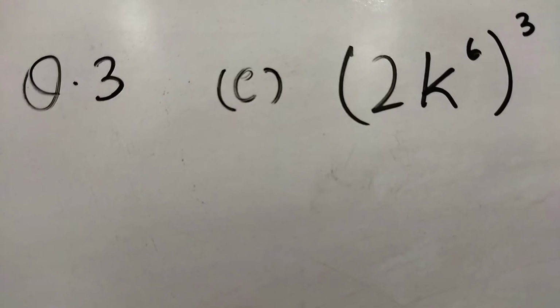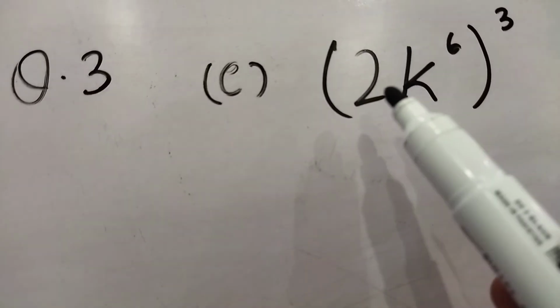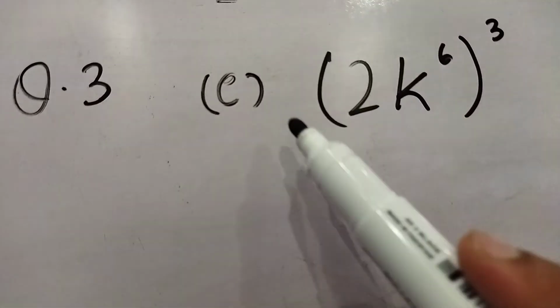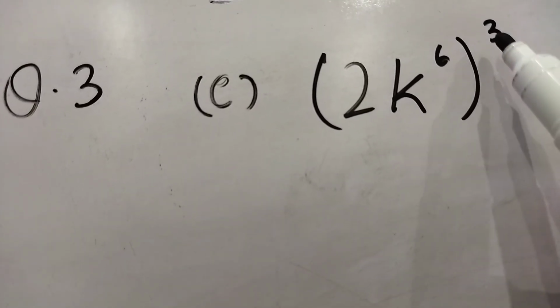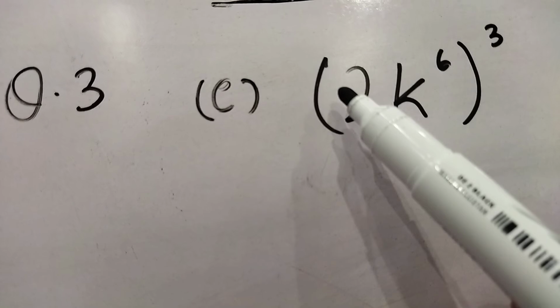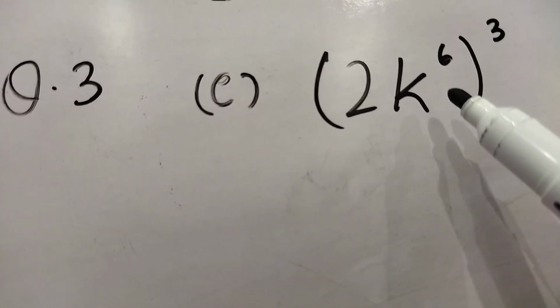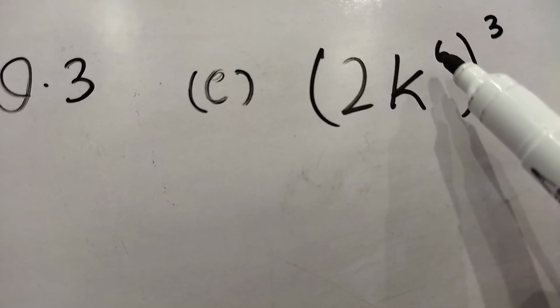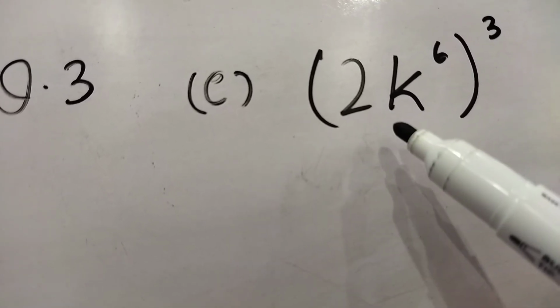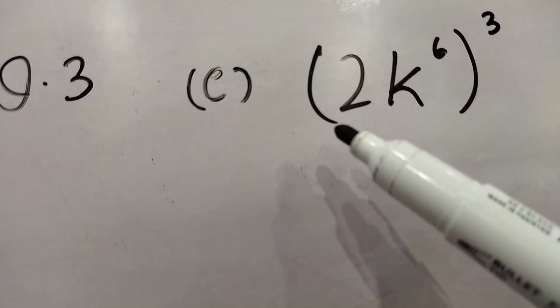Now students, part E says 2k raised to power 6 and the whole has the power 3. So this power that is outside the bracket applies to both the coefficient and the variable. But the power inside, this 6, is only with the variable k and not with the coefficient.